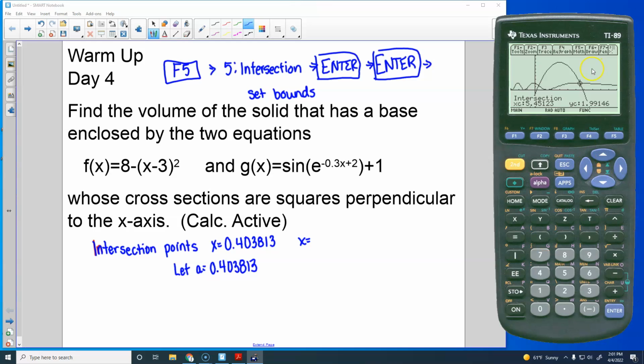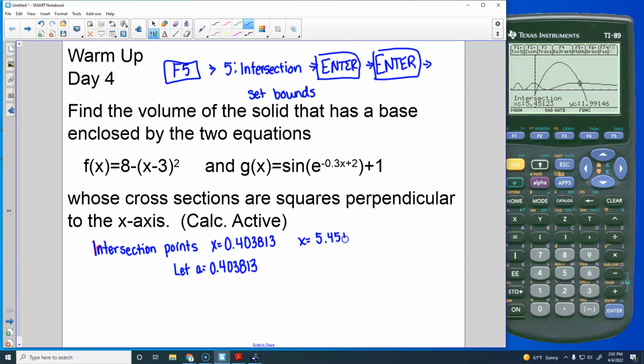Okay, so the second intersection that I'm getting is 5.45123. I think it should be 1, 2, 3, 4, 5 after the 1, 2, 3.